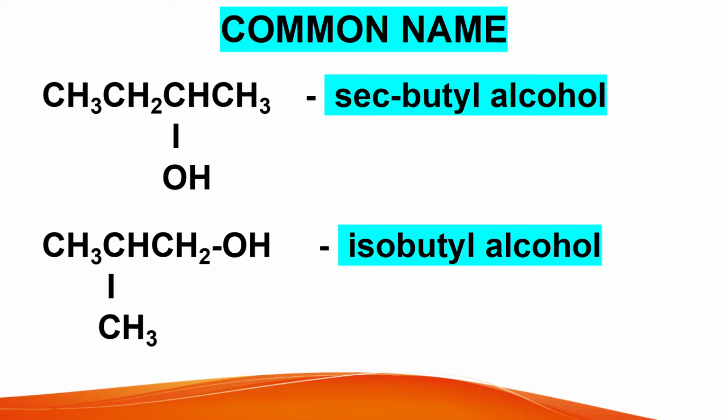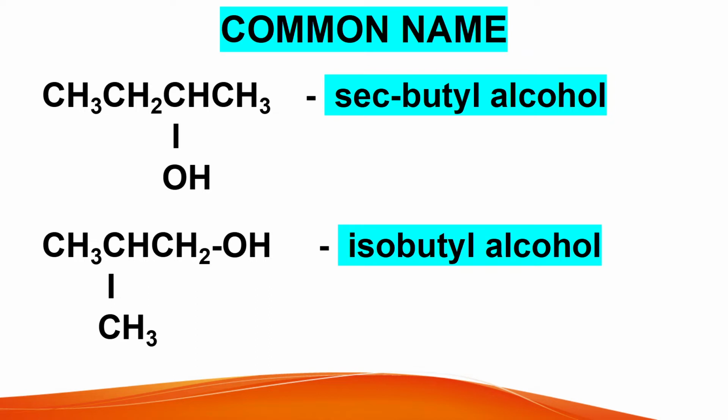Next, we have here the structural formula of isobutyl alcohol. As mentioned earlier, CH3, CH, CH3 indicates an iso position.